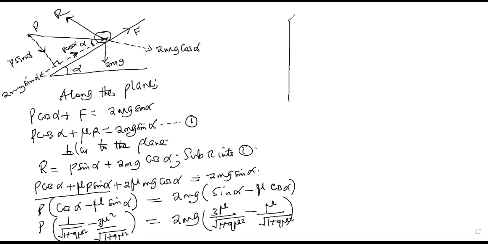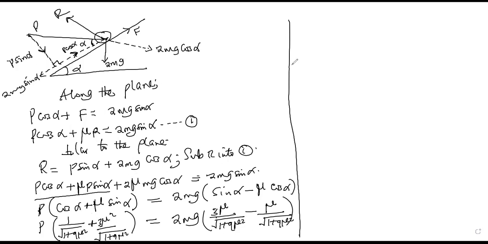Interestingly, when you look at this, actually this is supposed to be a plus, because I factorized out P remaining with cos alpha plus sine alpha. So it is supposed to be a plus.